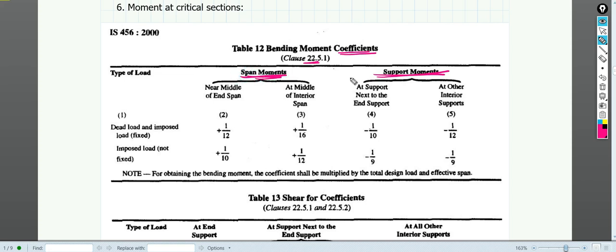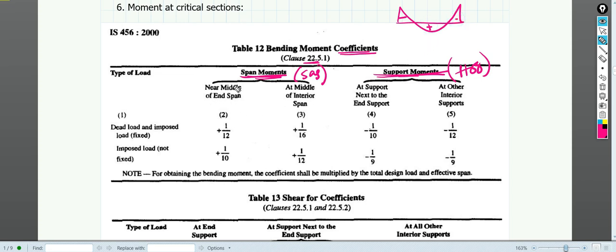What is span moment and what is support moment? Span moment is nothing but the sagging moment, which is represented by positive here, and support moment is the hogging moment. Near the support itself we will have the hogging moment, right? So this is always represented as negative, and this is positive.